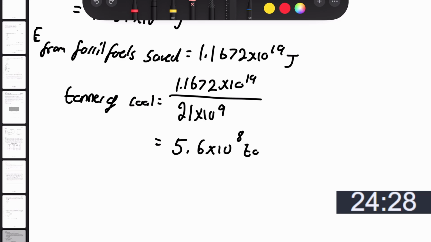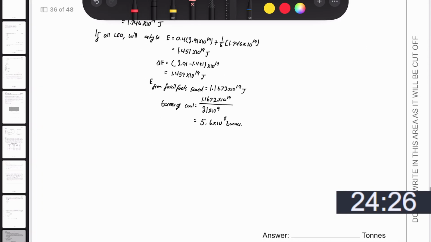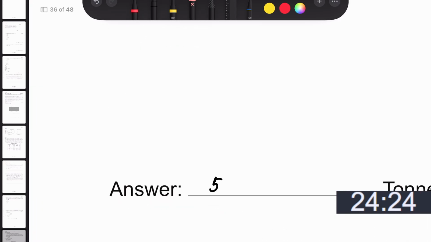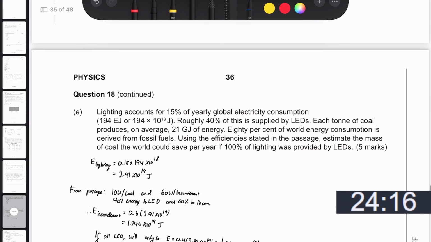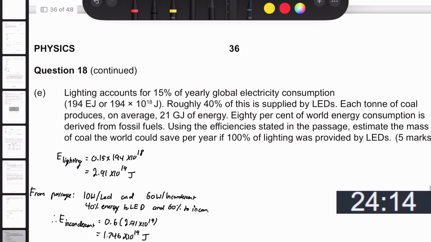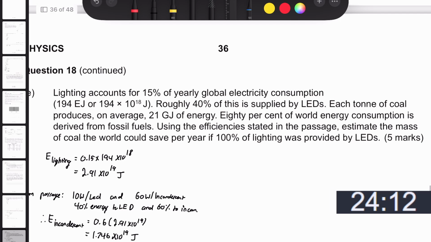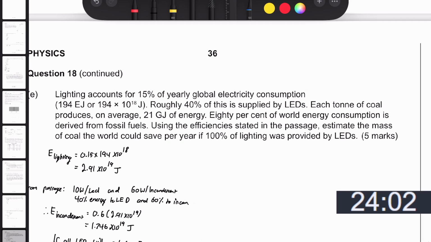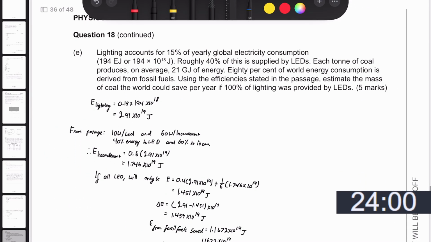There is no way we are mining that much. Actually, I guess we would be using that a lot. What the heck? 80% is derived from fossil fuels.